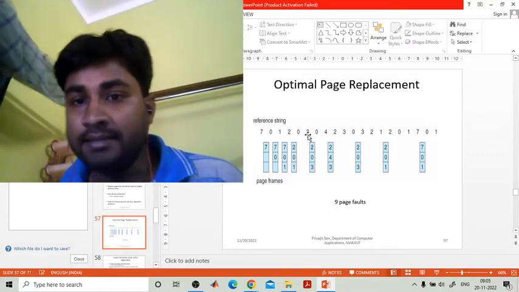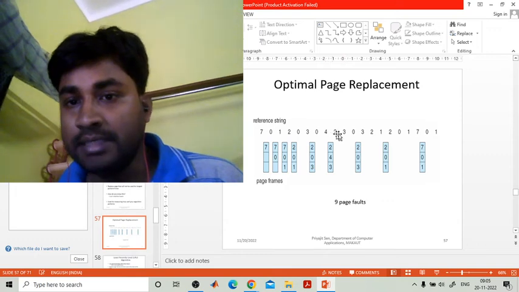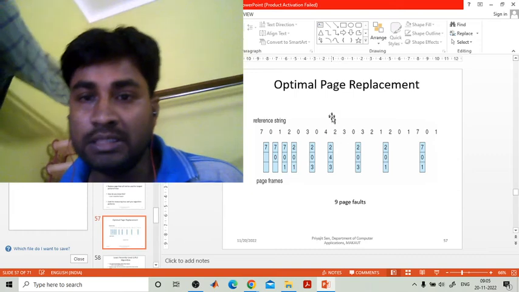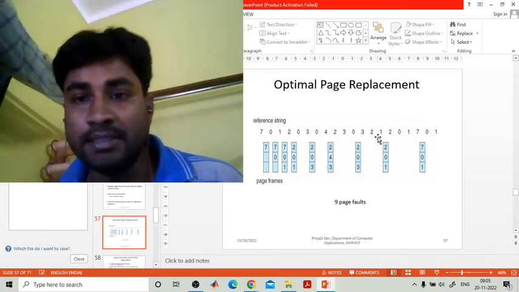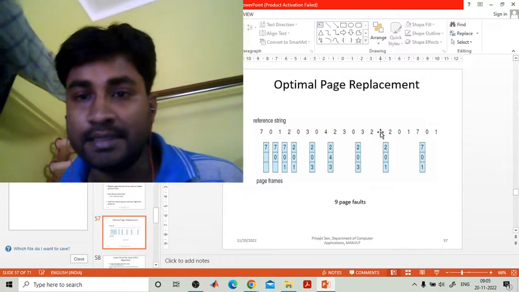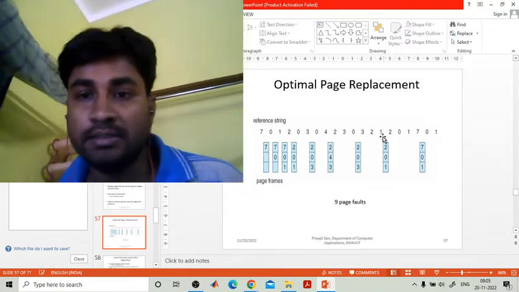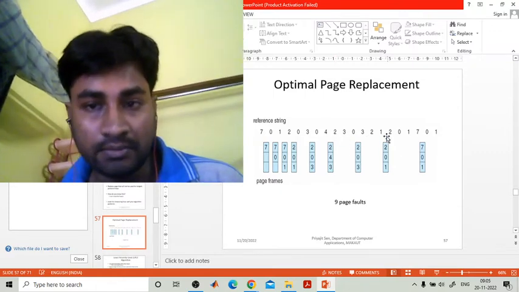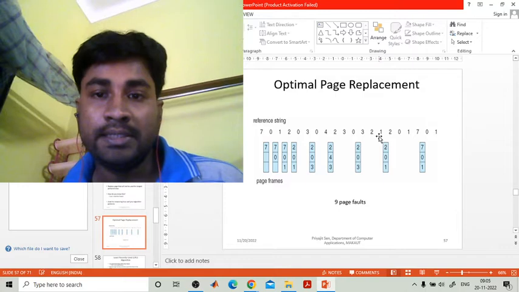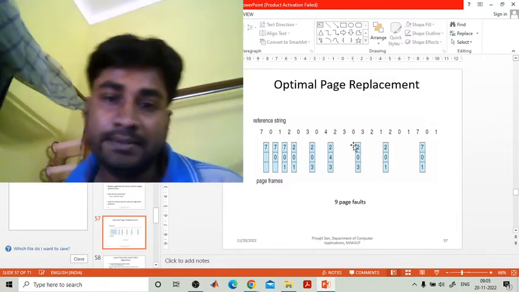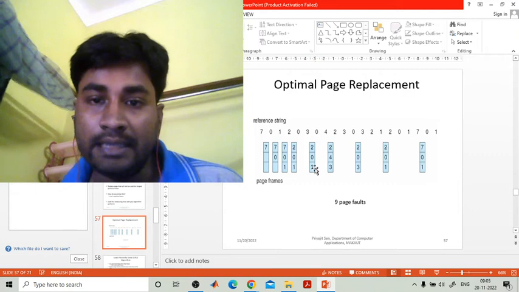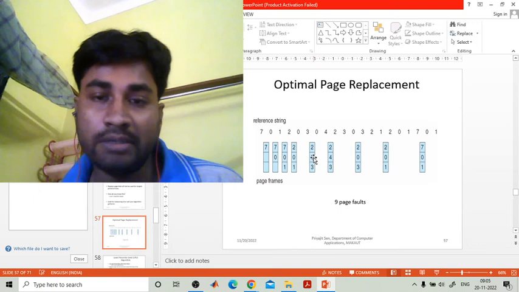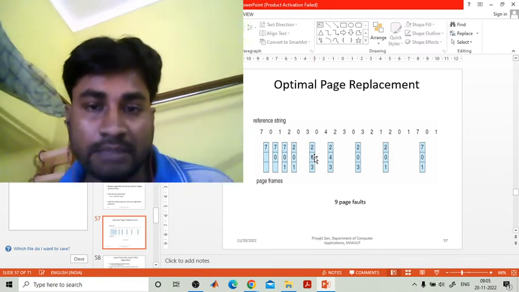Now after this element, check which is the farthest one among 2 0 1. Among these, 2 is found here, 0 is found in many locations, and 1 is coming later. 2 is found before 1 and 0 is found before 1, so we replace 1 with the next element, that is 3. Next, 0 is a hit here, so 0 will not be replaced and it will not be a page fault.